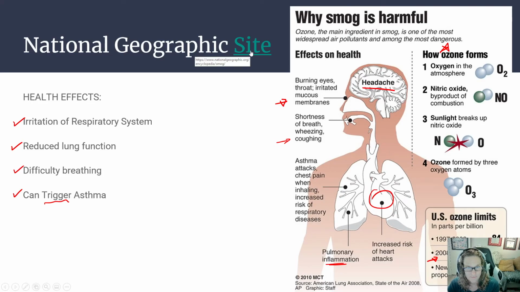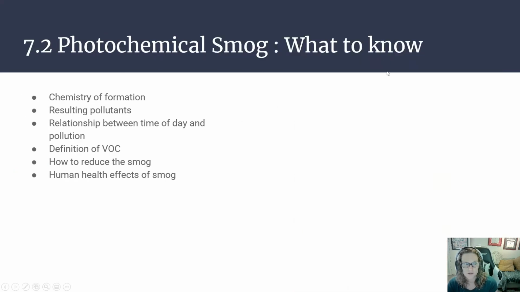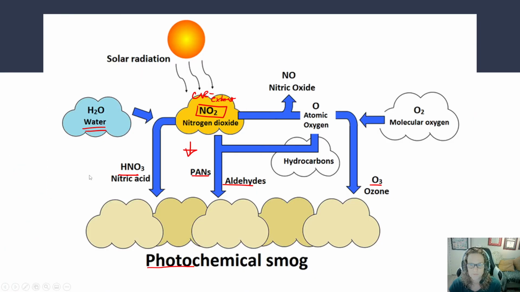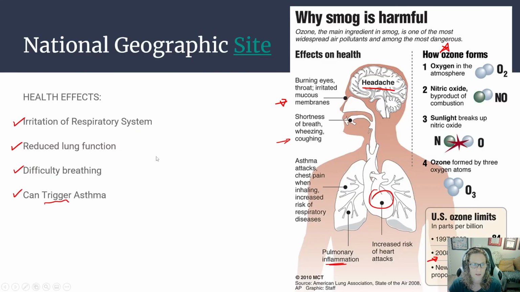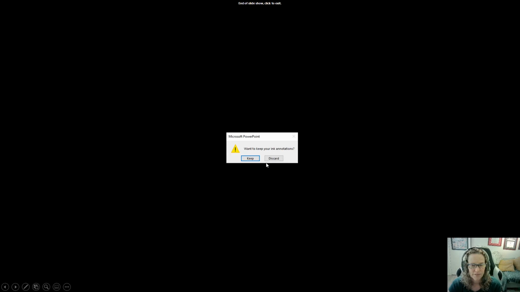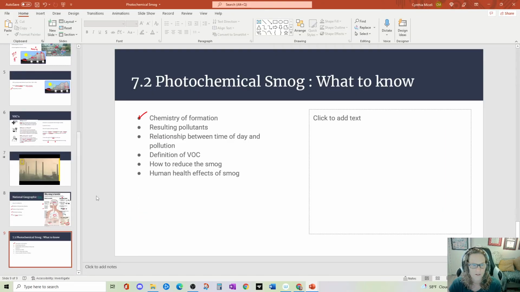It's got really good information. And then here's what you should know. 7.2 is not big. So just the chemistry of how the smog forms, which was that little video over here. Like what's going on? How do we form it? What are the resulting pollutants?